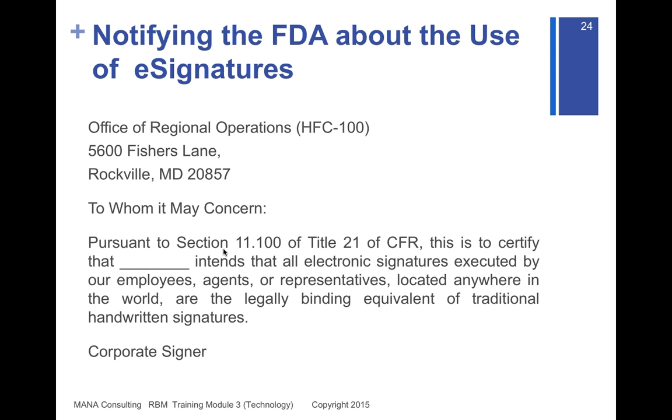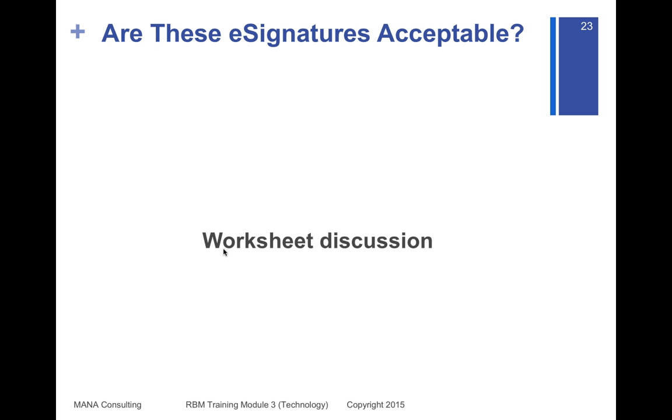It must be included as part of the human readable form for the electronic record. So that's why we talked about it: when it's printed out, that e-signature with the name and the date and time must be included and attached to the respective electronic records.